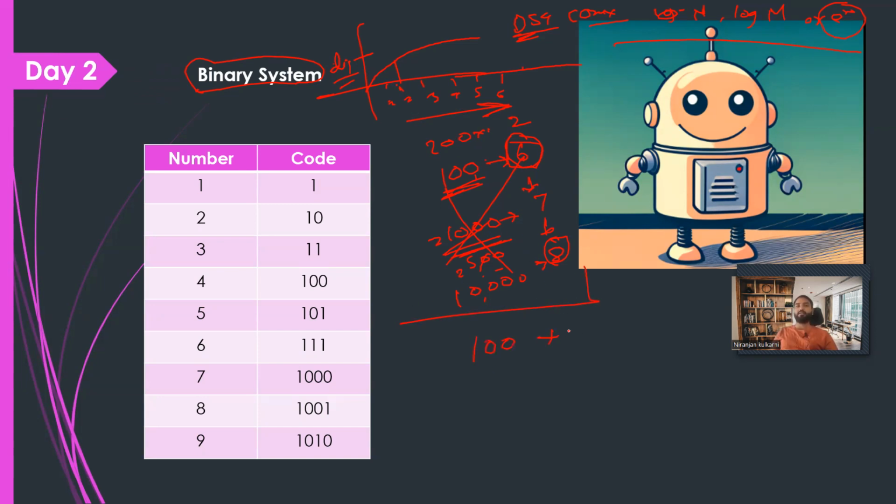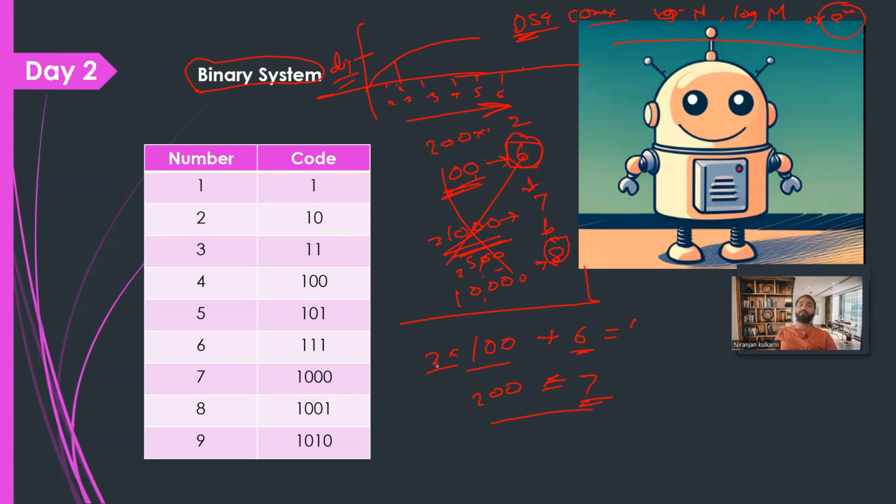For 100, I'll need 6 binary digits to represent it. If I increase it 2 times, what will happen? It will be 200, but there will just be one more digit added, so 7 digits will be enough to represent it.